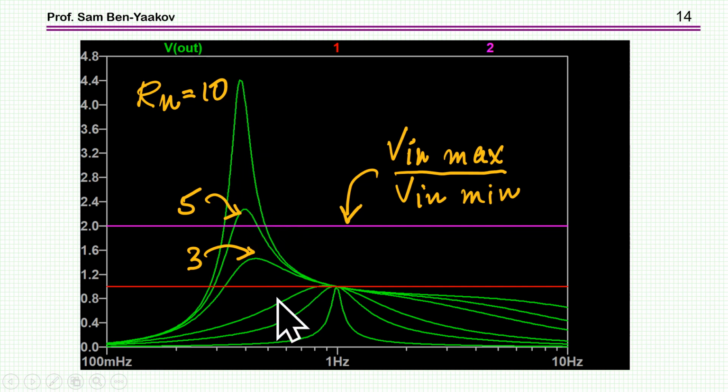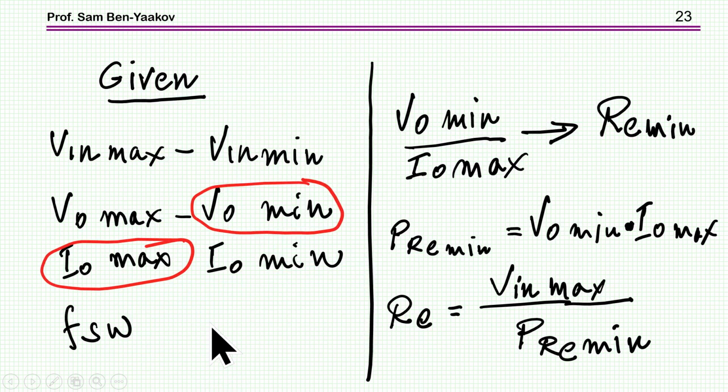So if I've chosen R sub n to be 5 because I need a gain of 2, this should be related to the smallest resistance in the circuit that I'm expecting. So what will be the smallest resistance? It will be the smallest voltage and the highest current. This ratio is related to the smallest resistance expected in the system.